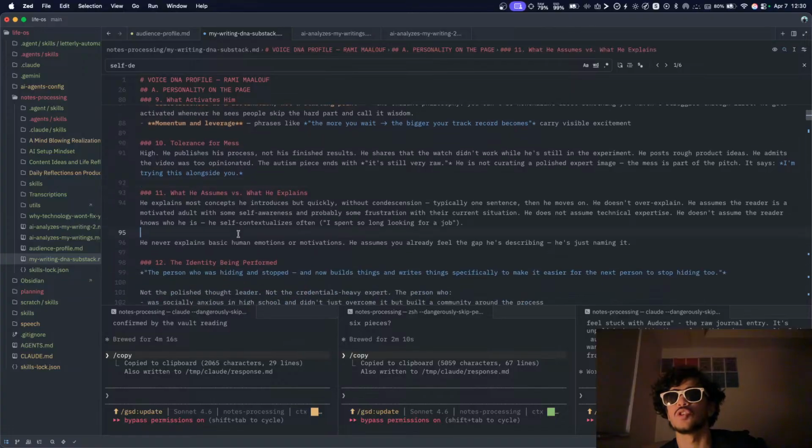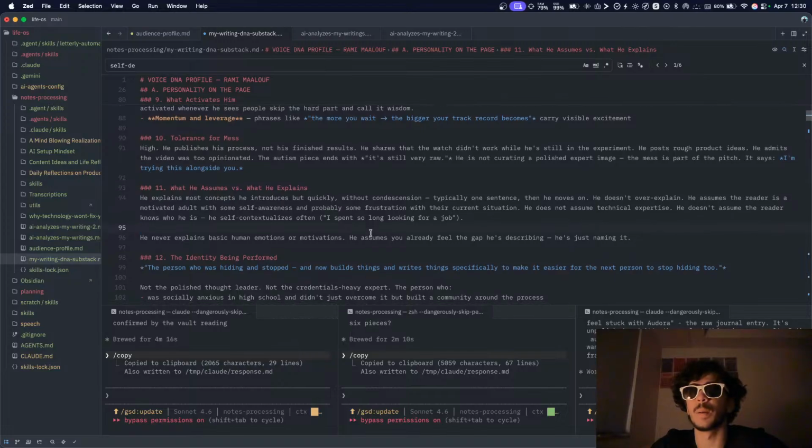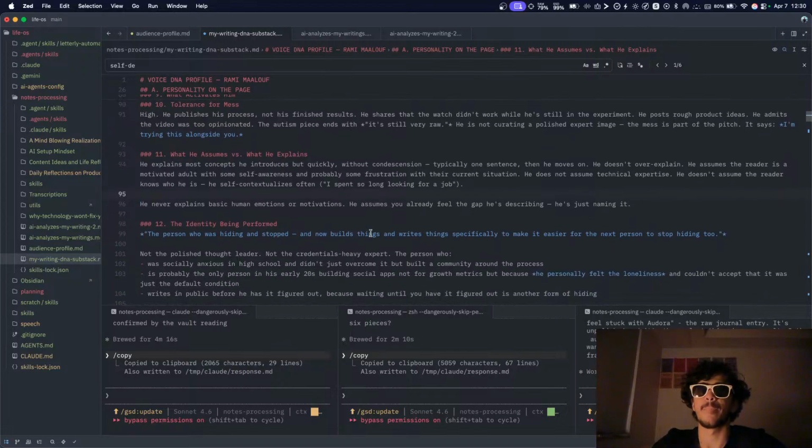Yes. He explains most concepts he introduces, but quickly and without condescension, typically one sentence. Then he moves on. He doesn't assume the reader knows who he is.